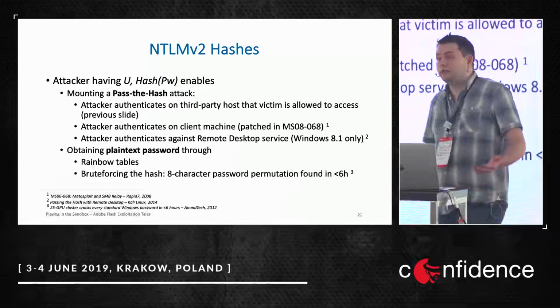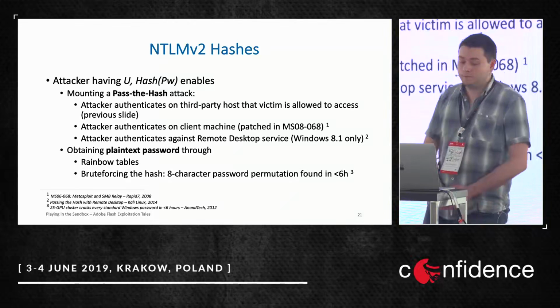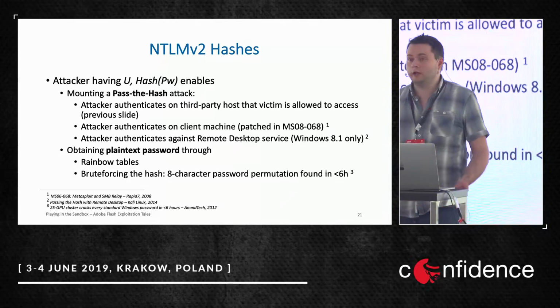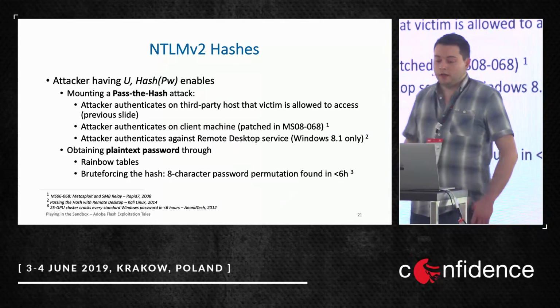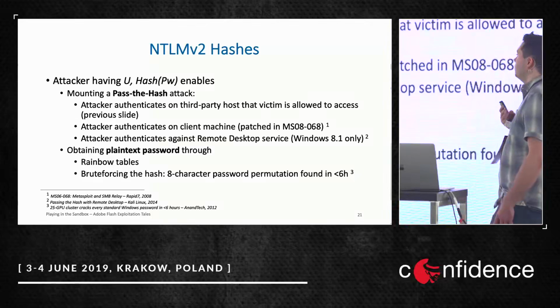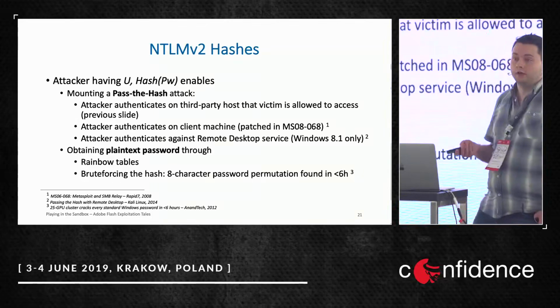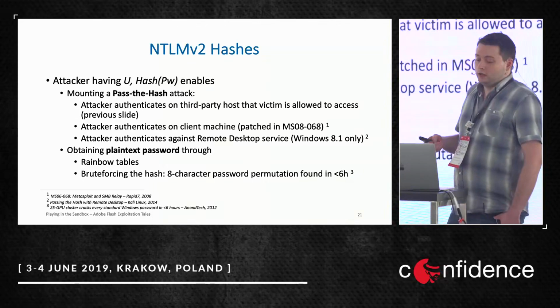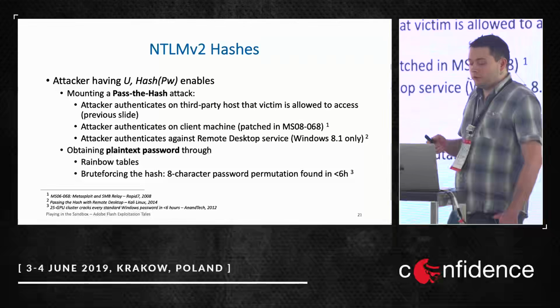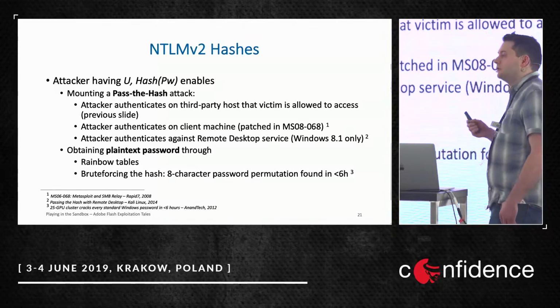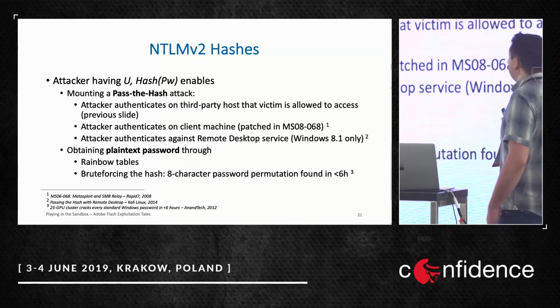So if you have this NTLM hash, what can you do with it? So first of all, you can mount what is called a pass-the-hash attack. One approach is that the attacker authenticates on the third-party host that the victim is allowed to access, and that's the scenario we've seen on the previous slide. One other approach is that the attacker authenticates on the client machine, but this was eventually patched by Microsoft.